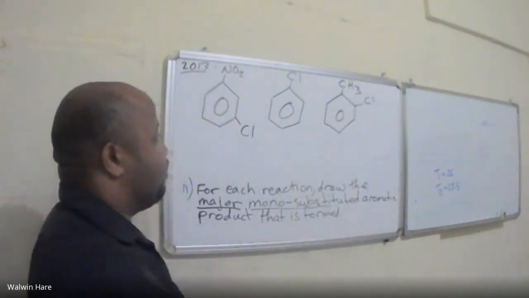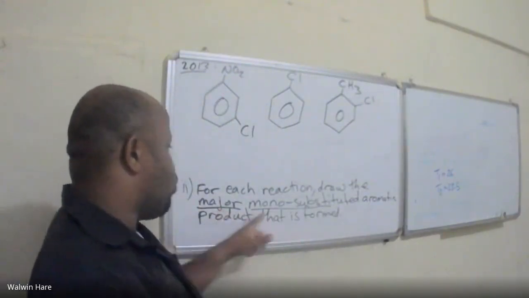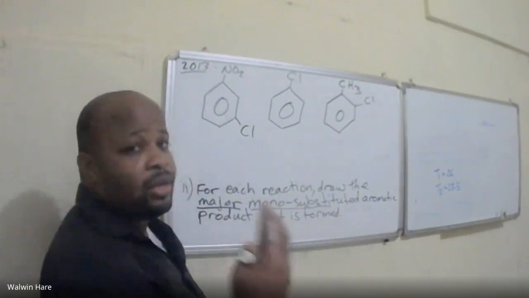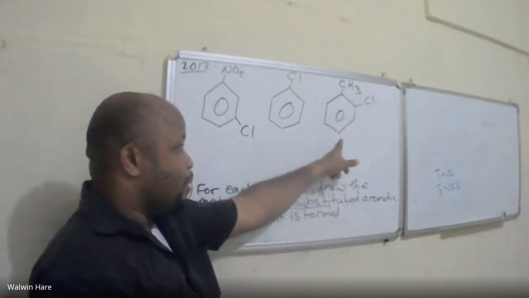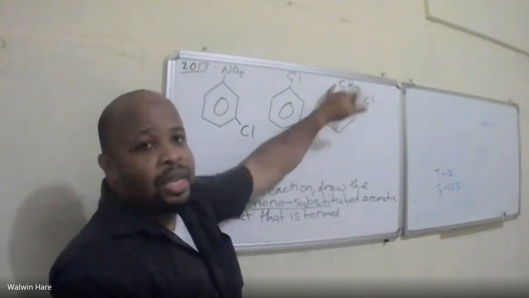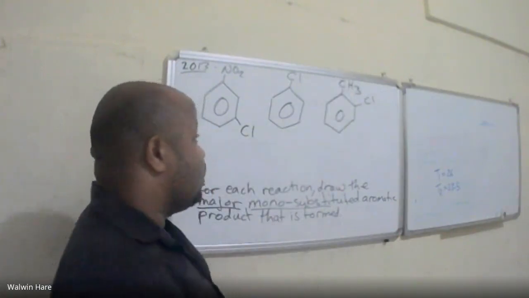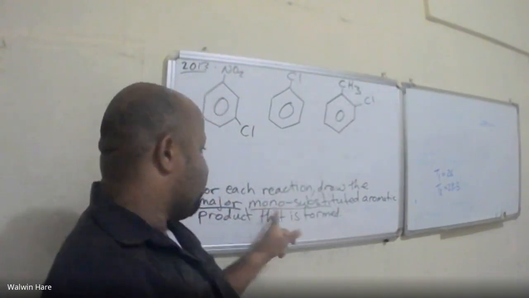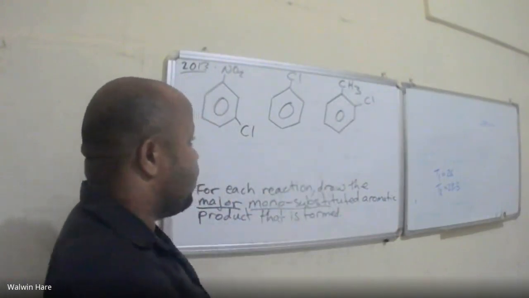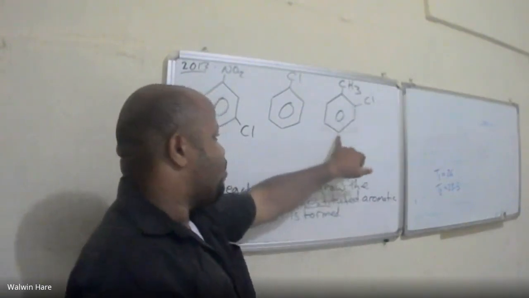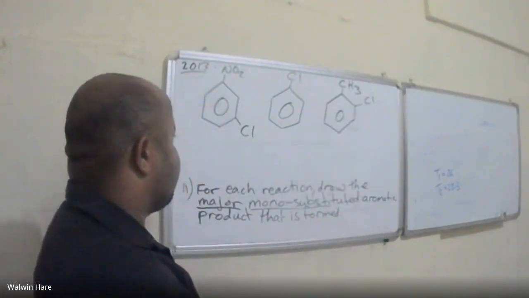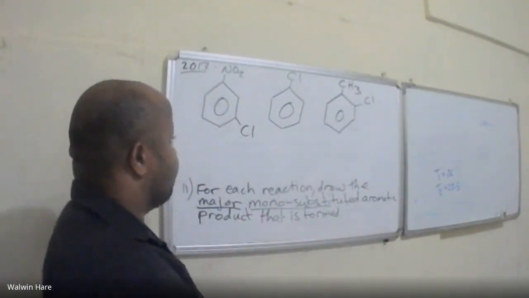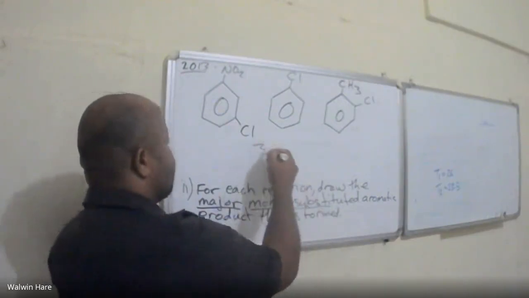And that's it. And it says mono, so you cannot put it on both ortho and para. So even though this is an ortho para director, you put it in the ortho position or the para. It says major mono, meaning one. Alright? So you either go ortho or para. And that's it for 3 marks. So this was very pretty easy 3 marks.